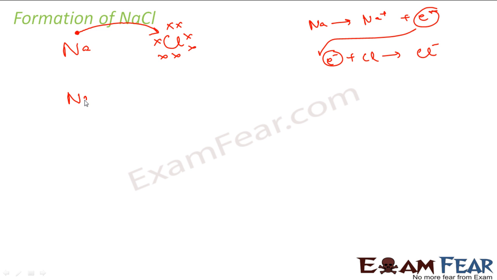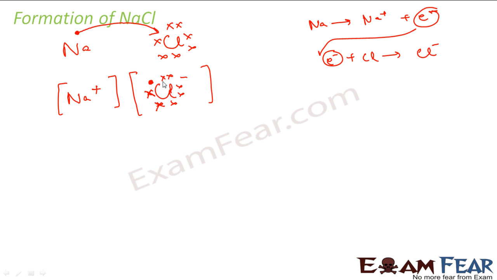So with this, this becomes Na+ with no outer electron here, and this becomes Cl- with 7, and the one we got from sodium I made in the dot, and the one which chlorine has its own, I made in the cross just for you to understand, but there is no difference actually, all are electrons.